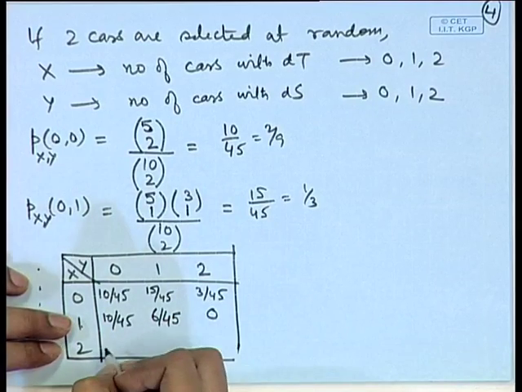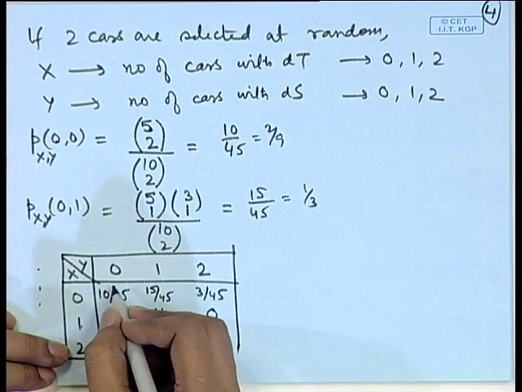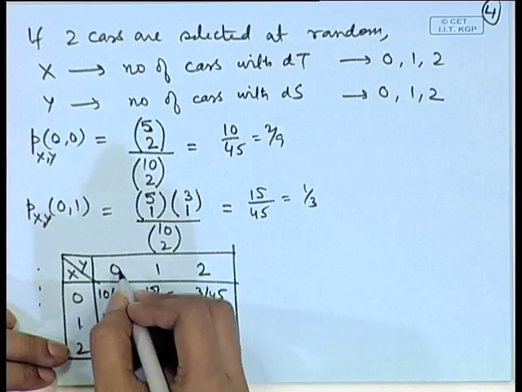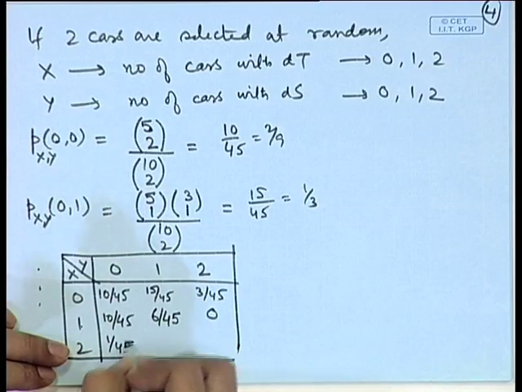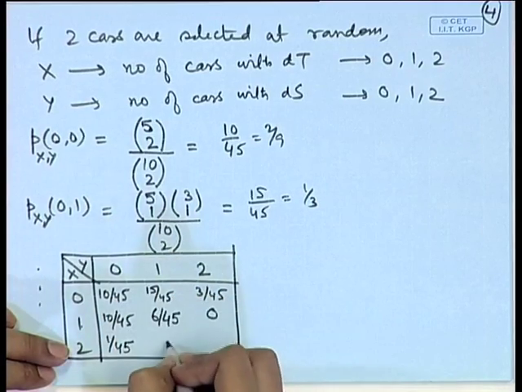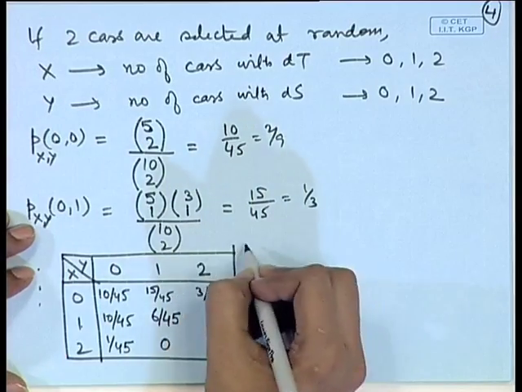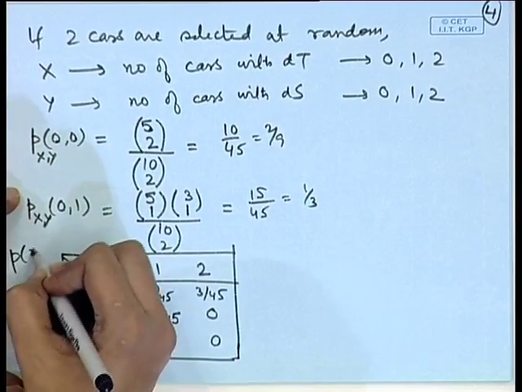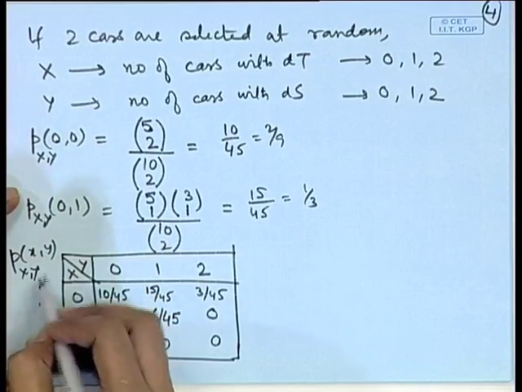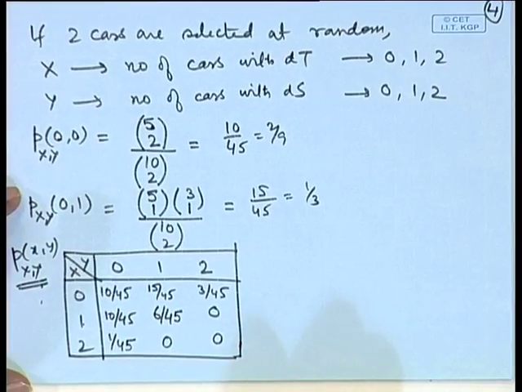So, this is 0. Probability that x equal to 2, y is equal to 0 is 1 by 45. Again (2,1) and (2,2) are not possible. So, this gives the joint distribution p(x, y) of the random variables (x, y).